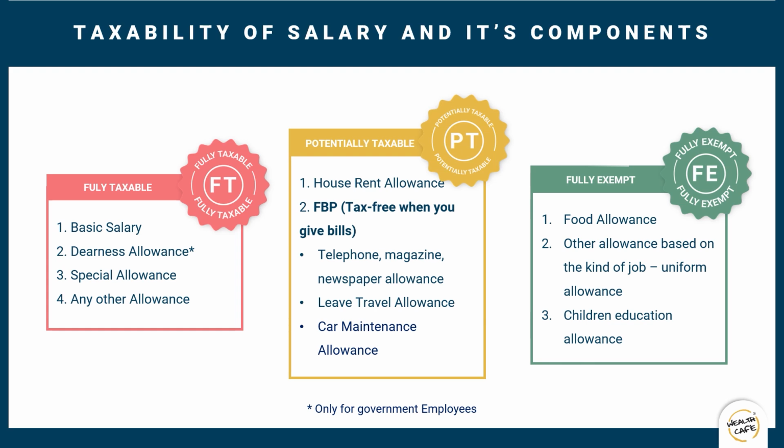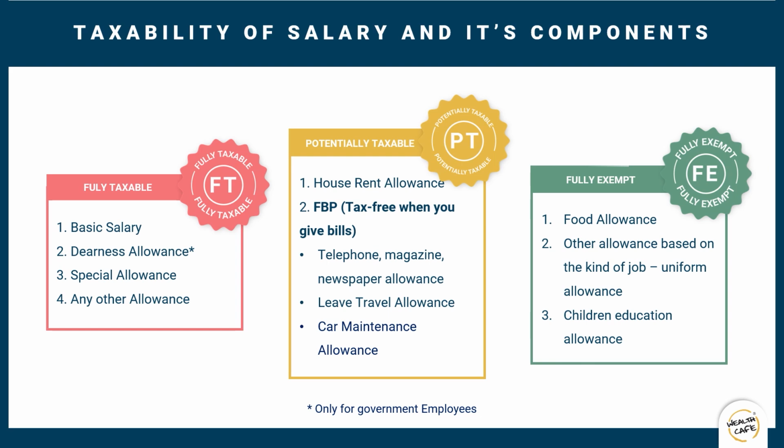What is common across all of these is that these are allowances given for a particular purpose, and if you use the money for that particular purpose, then that allowance becomes tax free in your hands. If you do not use the money for the purpose for which it is given to you, then the government says that I will tax you for that particular allowance.